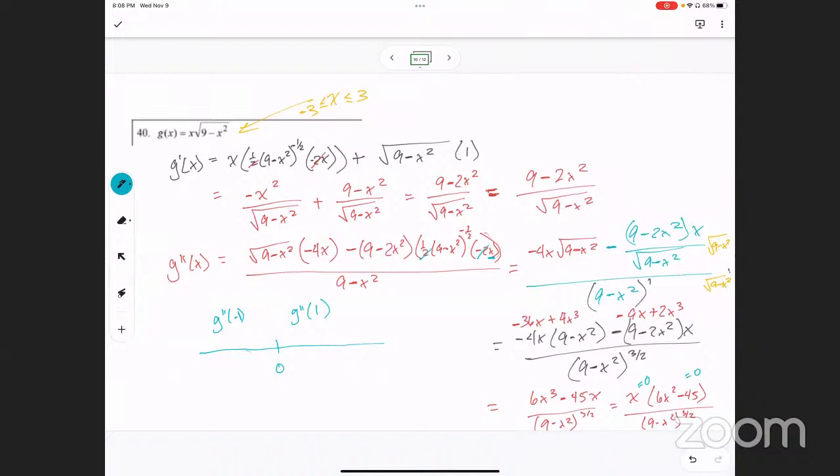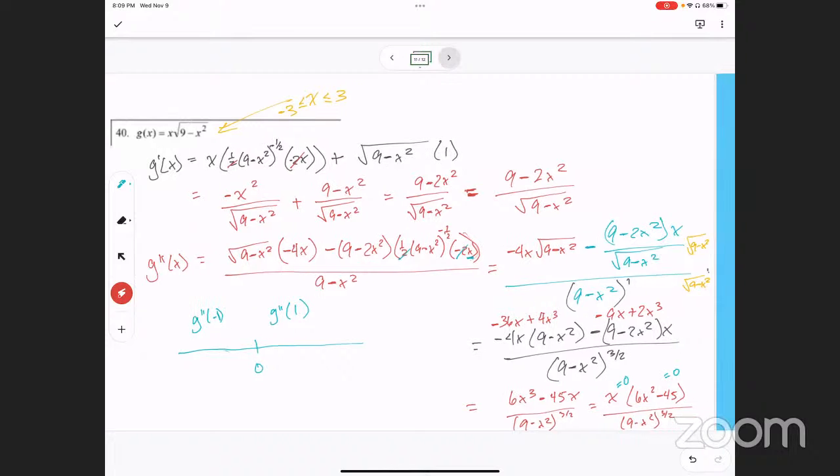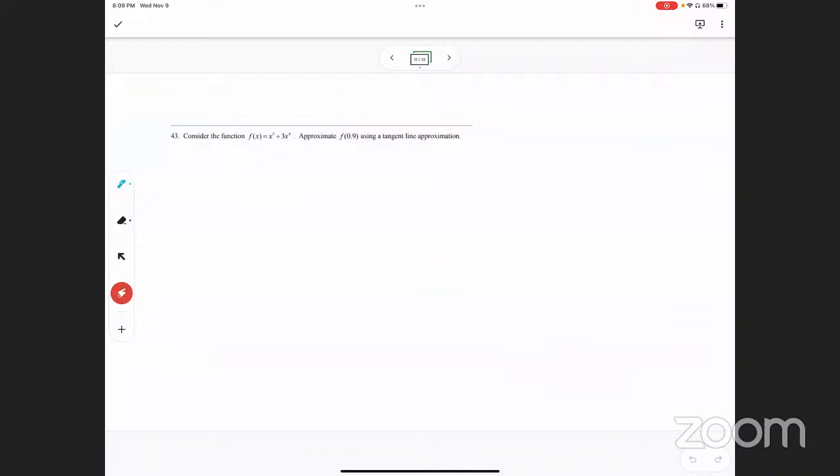But I made some sort of algebra mistake in here, because there should be some more things canceling out. I think I made a simple mistake somewhere with the sign or something. I don't even feel like checking it. Let's just go on to the next one.